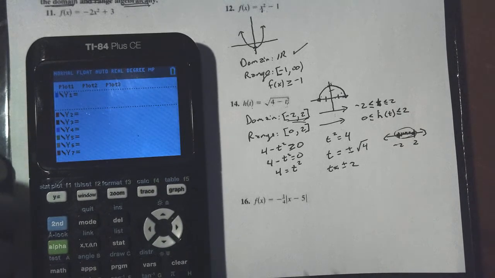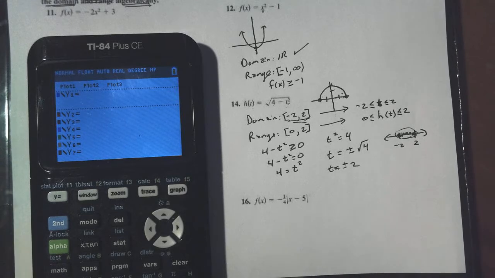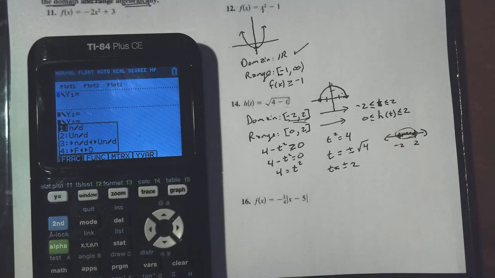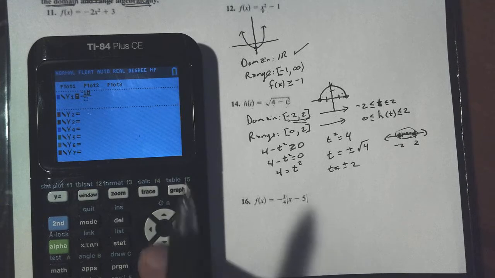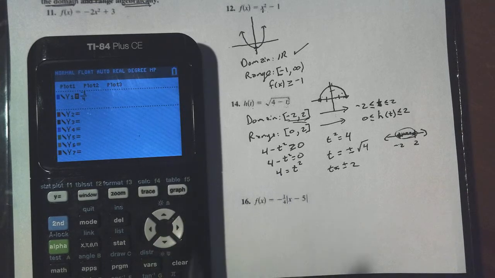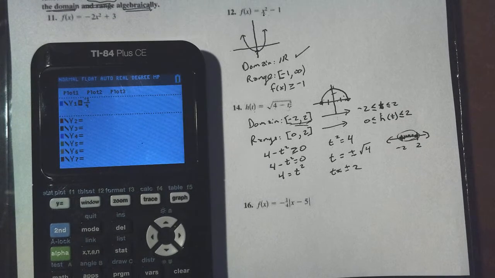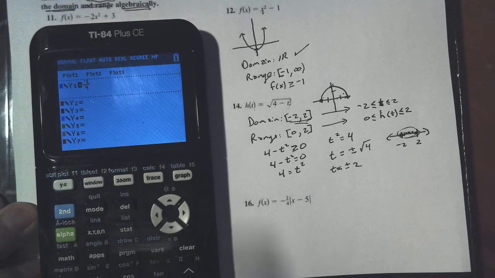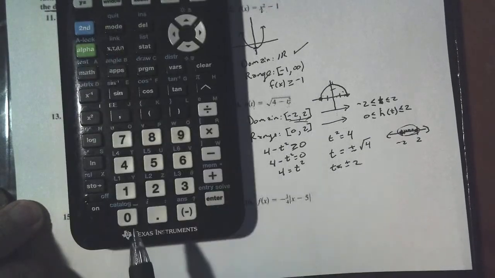Clear? You can enter this as negative 0.25. You could enter it as negative 1 divided by 4. I'm going to try to encourage you to get in the habit of using that fraction key. So I've got negative 1 on 4. And then absolute value, you can find absolute value in the catalog, which is second catalog.